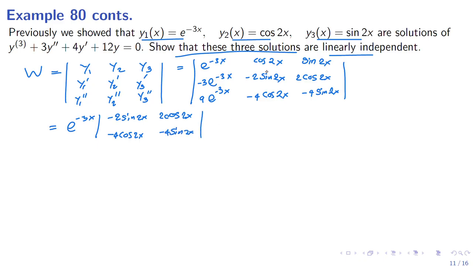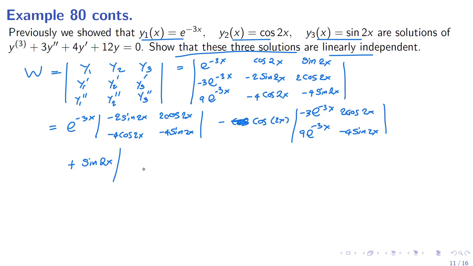And then the second term with the minus sign, so minus cosine 2x with the determinant of minus 3 e to the minus 3x and 2 cosine 2x, 9 e to the minus 3x, minus 4 sine 2x, and we have a third term with the plus sign and sine 2x with the determinant of this simple matrix, which is minus 3 e to the minus 3x, minus 2 sine 2x.